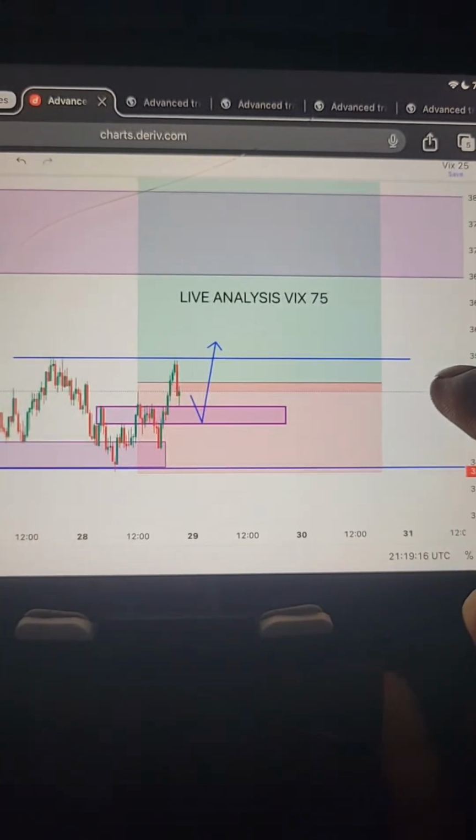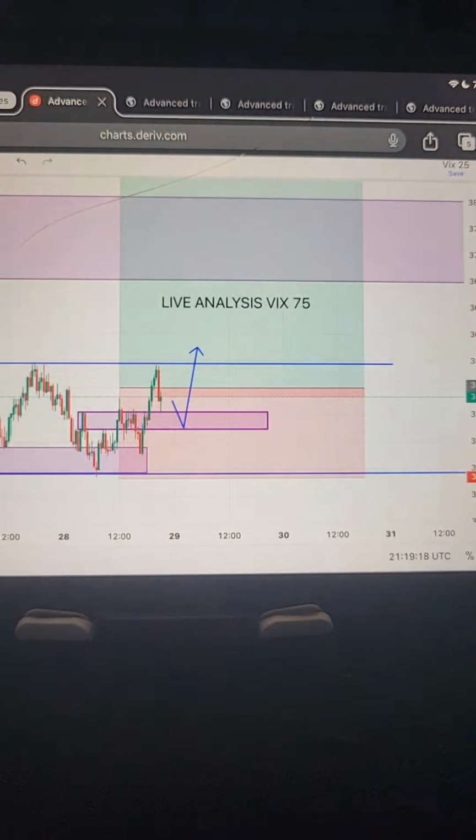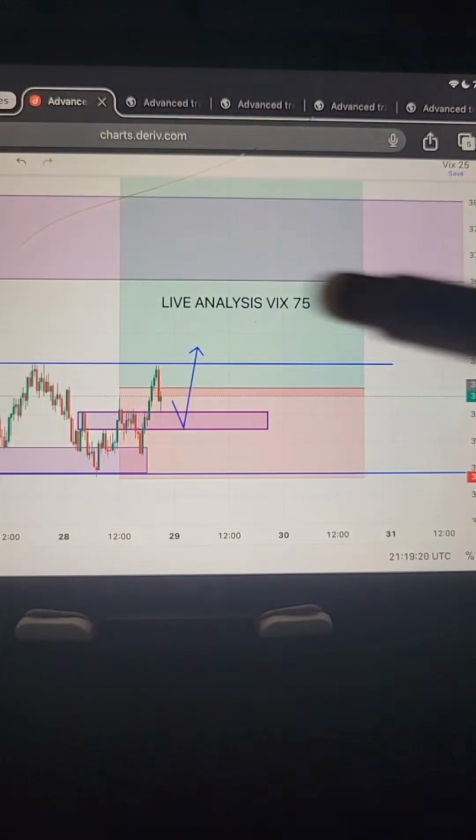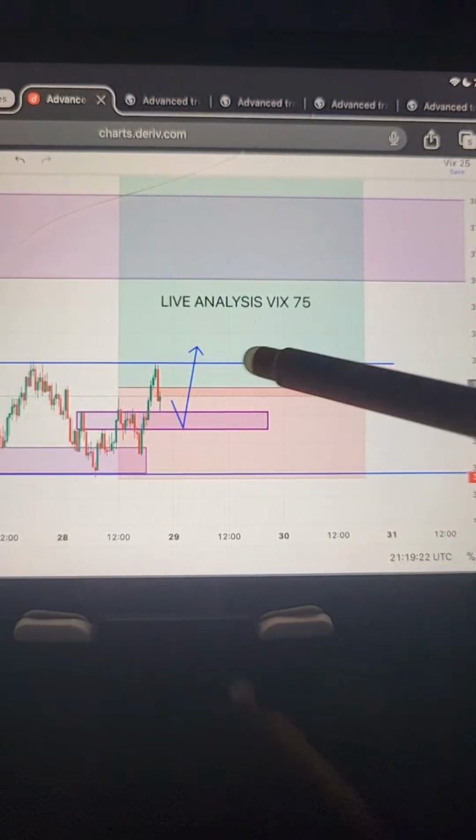Okay, price is still bouncing around this zone. Price is still bouncing around this zone.